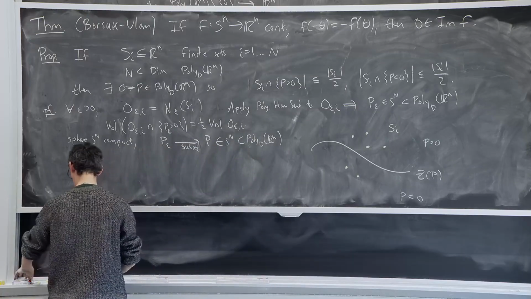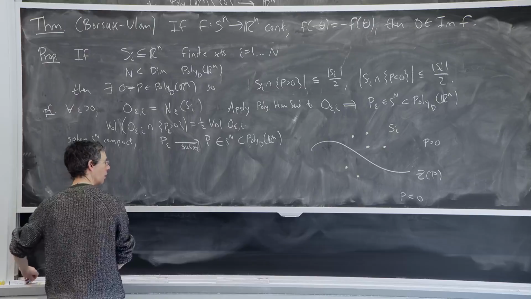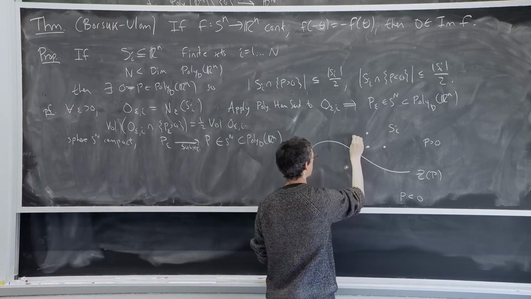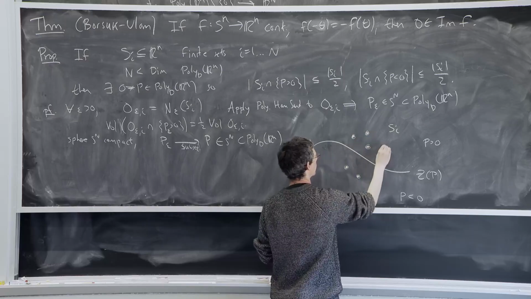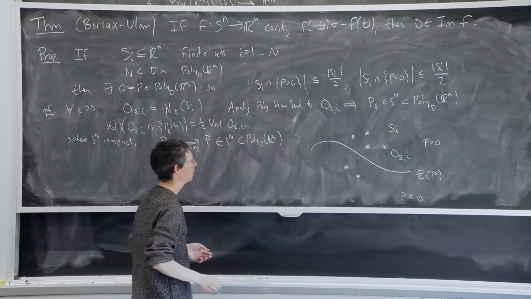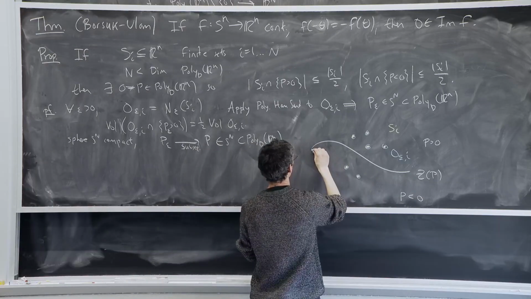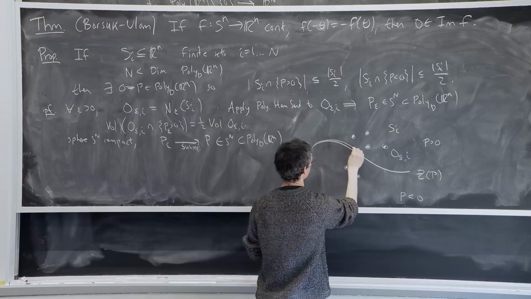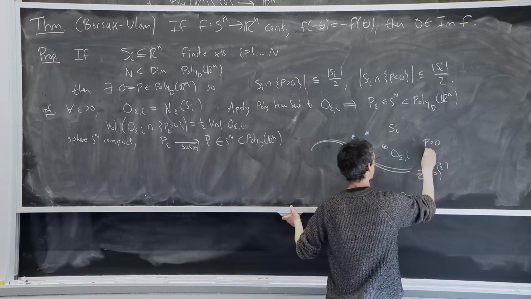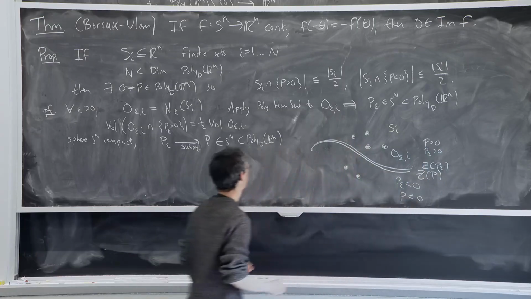Well, think about what the P epsilon would be doing. So O epsilon I would look like this. And what would P epsilon look like? Well, it's a little perturbation of P. But we have some convergence. So that would be the 0 set of P epsilon. Here P epsilon is positive. Here P epsilon is negative.